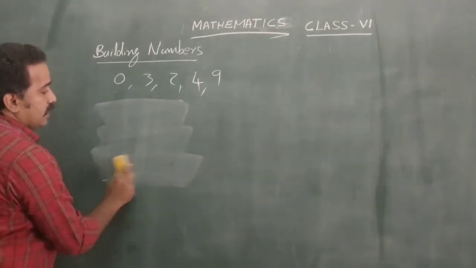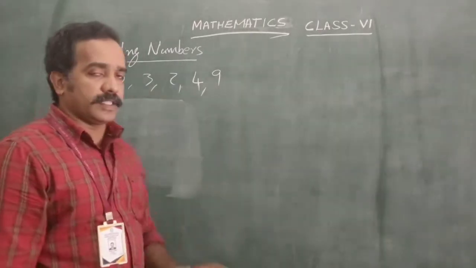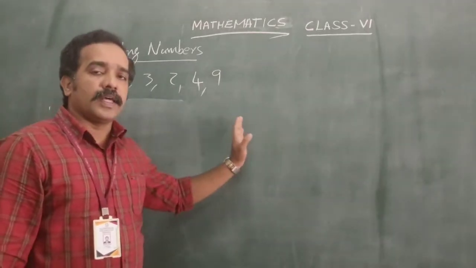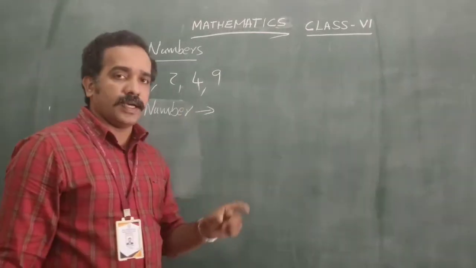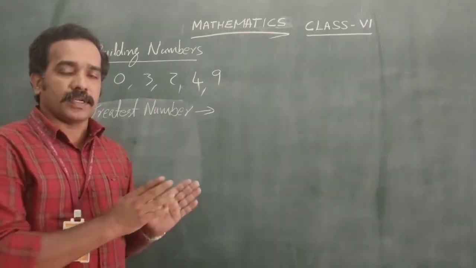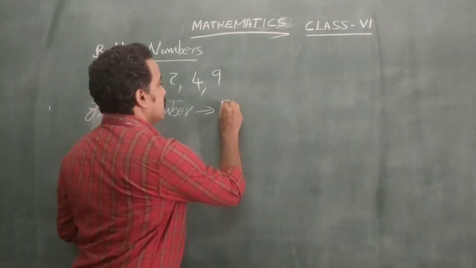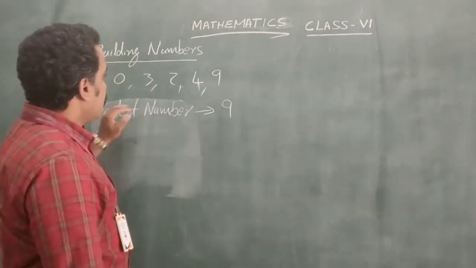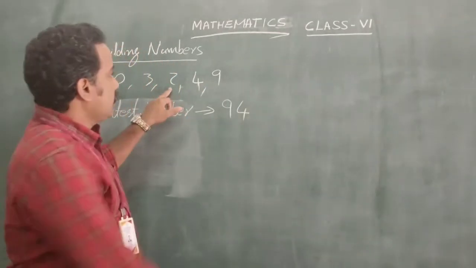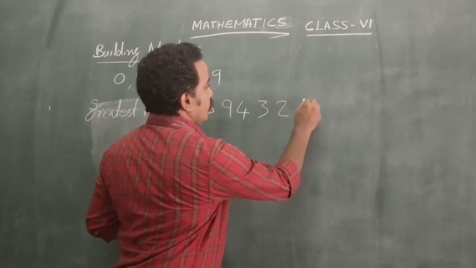If you want to make the biggest number using the given digits, what we have to do is write the digits in the descending order. Descending order means big digit first. The highest place must be the biggest digit. Here the biggest digit is 9, and then the next digit 4, then 3, then 2, then 0.